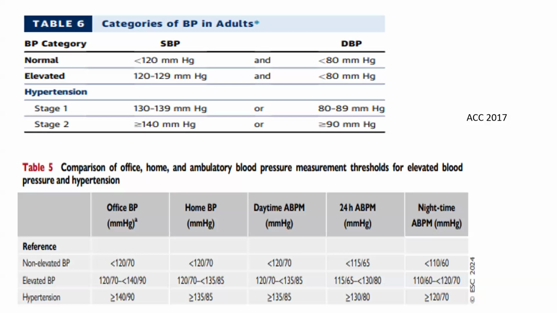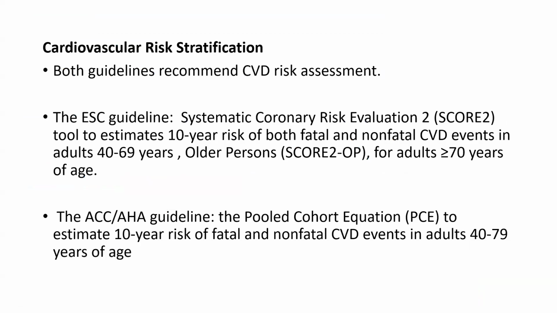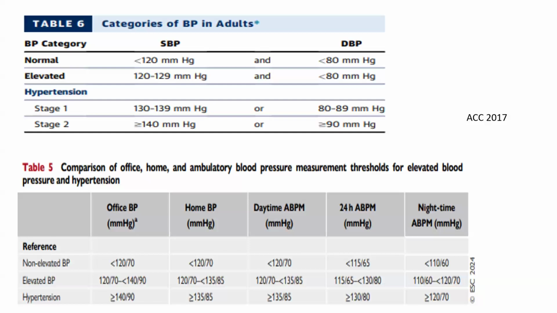The recently released European Society of Cardiology hypertension guideline has simplified the classification further, and it has 3 categories. Non-elevated BP is less than 120/70, and elevated is between 120 to 139 systolic and 70 to 89 diastolic.